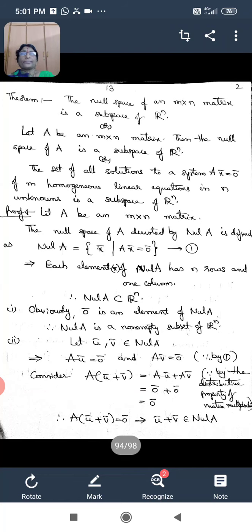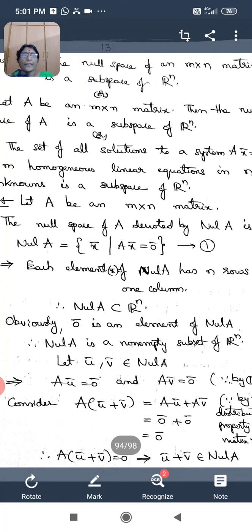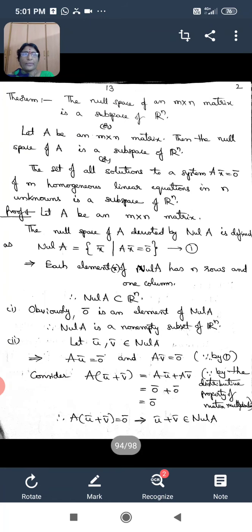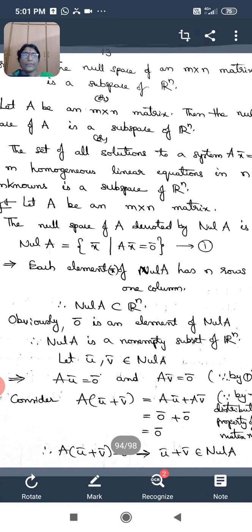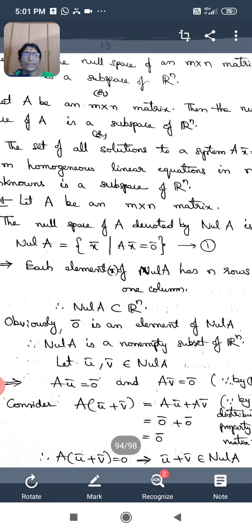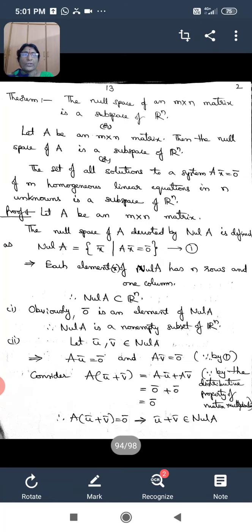Similarly, as we are taking v bar also as an element of null A, by equation 1, A v bar is equal to 0 bar.